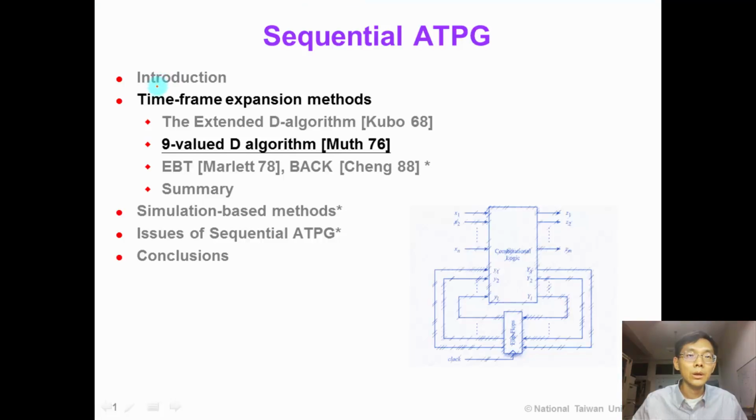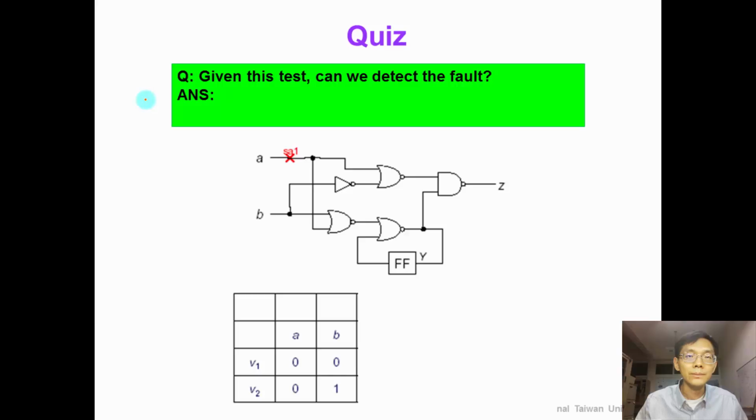In this video, we are going to introduce the second time frame expansion method, the 9-value D algorithm, which was proposed by Muth in 1976. At the beginning of this video, please do an exercise.